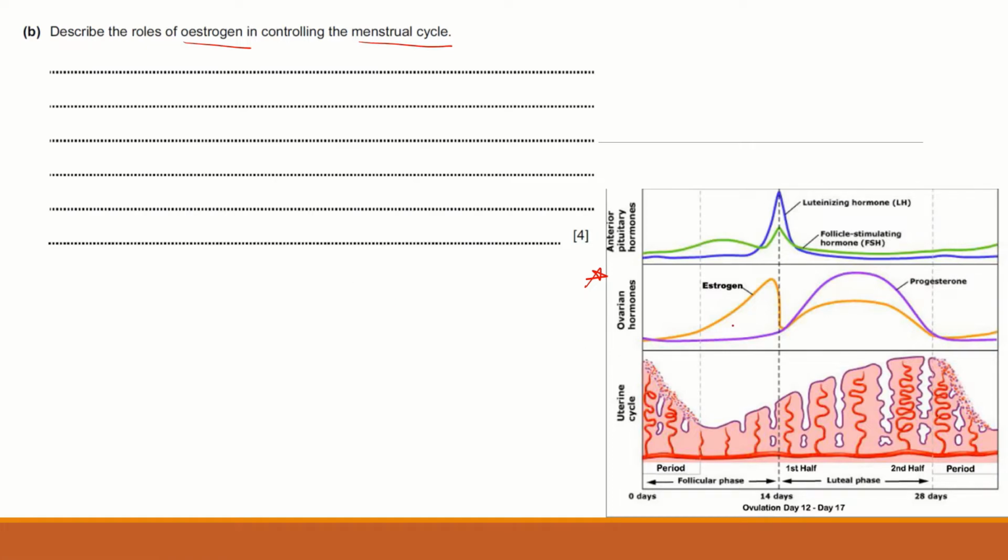Now here when you see the estrogen levels going higher, it is also thickening the uterine lining. So your first point is that because of estrogen, your uterine lining is thickening.